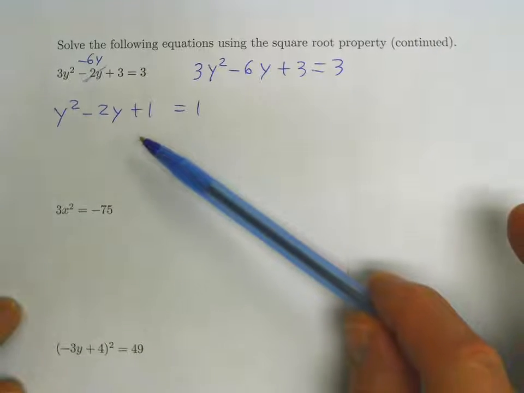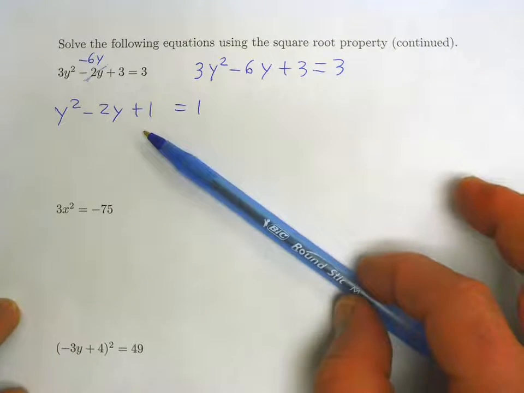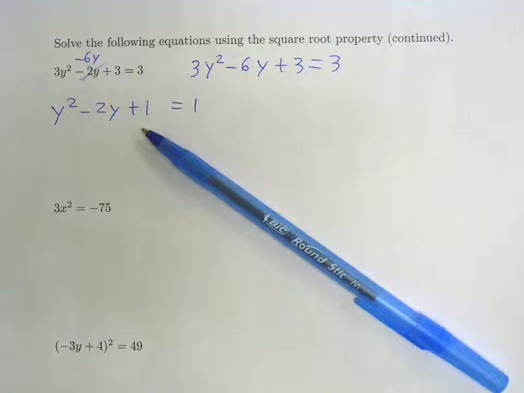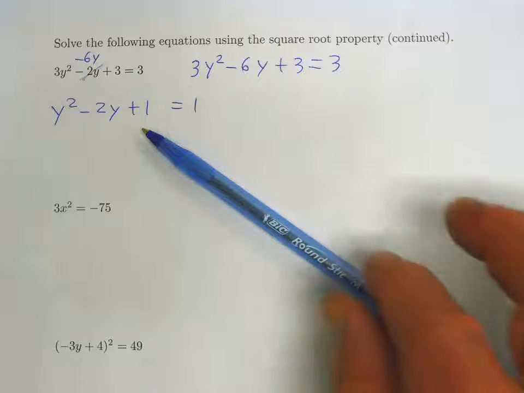And then I'll remind you of something that is a common topic in Math 1108. The left-hand side is a perfect square trinomial, y squared minus 2y plus 1. When you factor a perfect square trinomial, the factors are identical. And if you multiply two factors that are the same, you can write it as one factor raised to the second power.